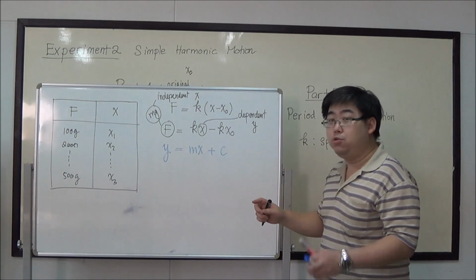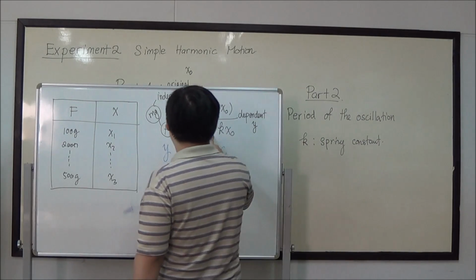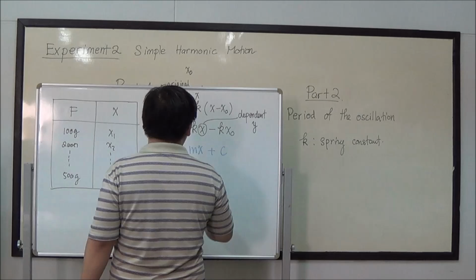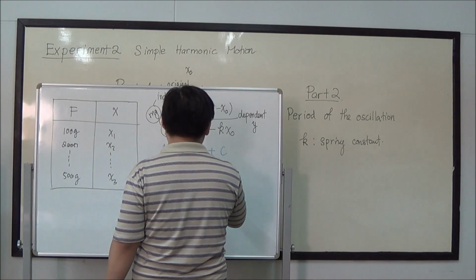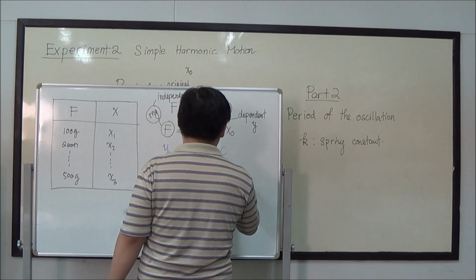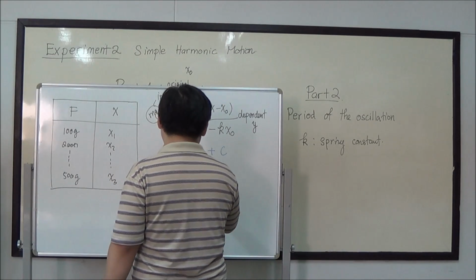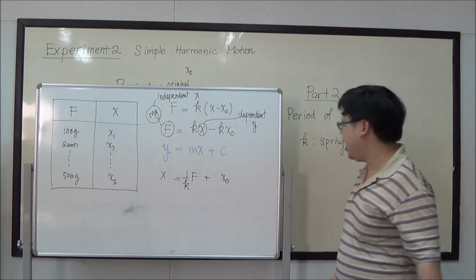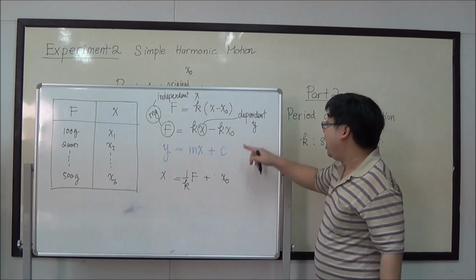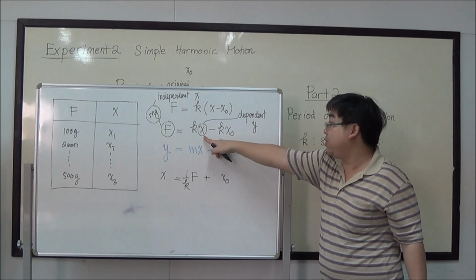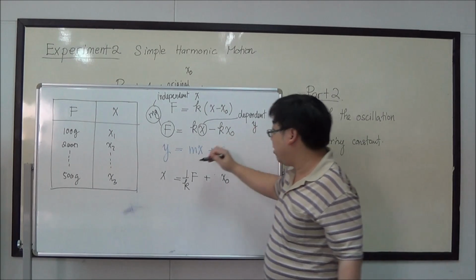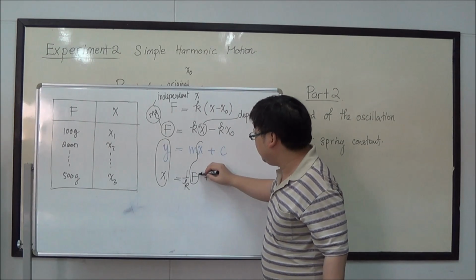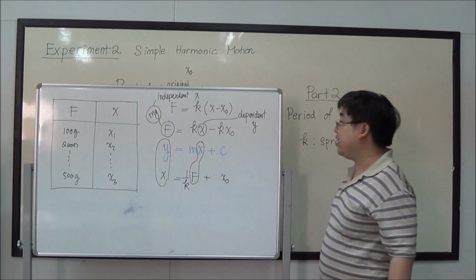So I'm going to rearrange this equation a little bit so that I've got x equals F plus K x naught, divided by K. And because this x, the length of the spring, is the dependent variable, I match this x with y, and then I match this independent variable F with the x-axis.